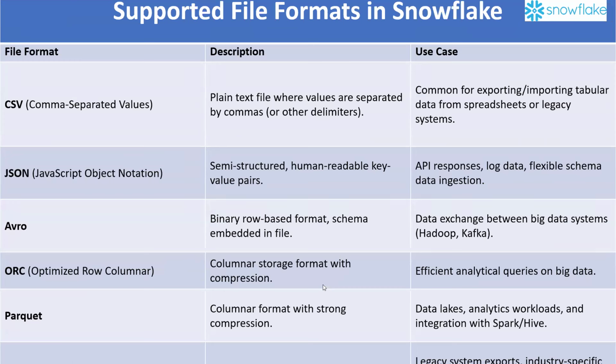The supported file formats in Snowflake, as I already discussed, can be CSV, JSON, Avro, ORC, and Parquet files, right? Now, what is the difference between row format and columnar format?